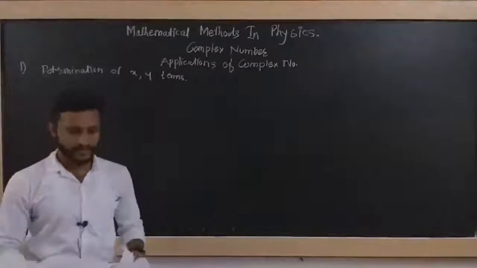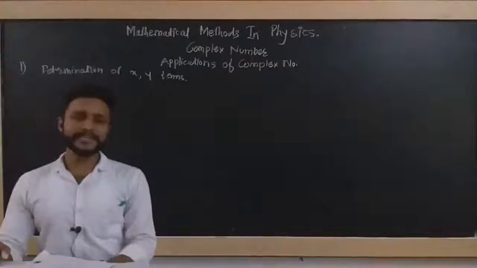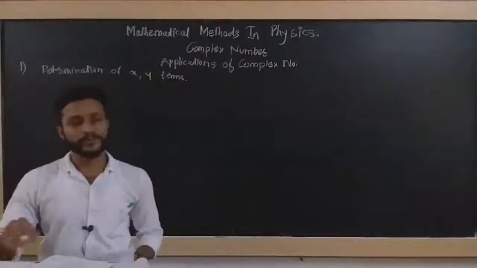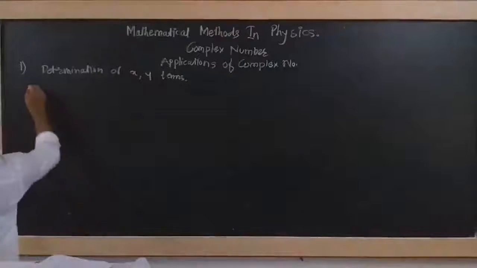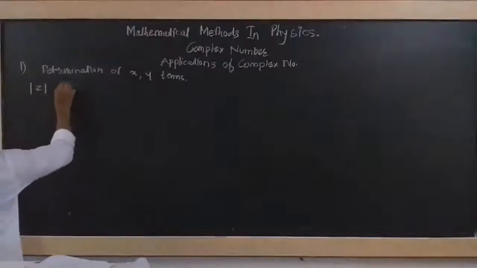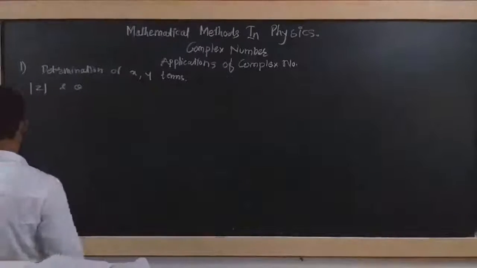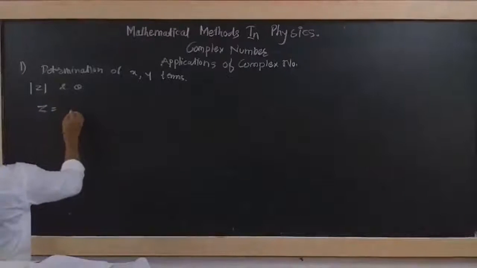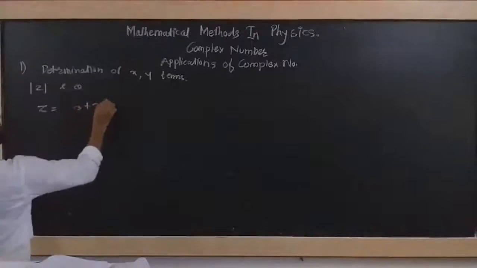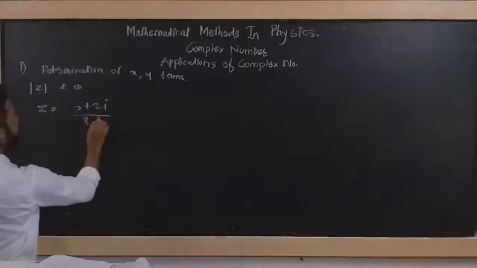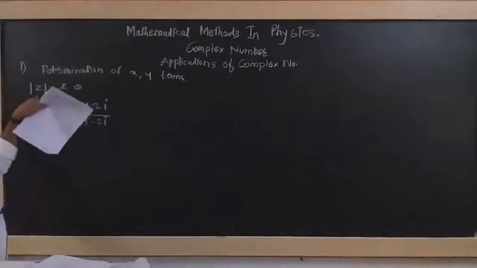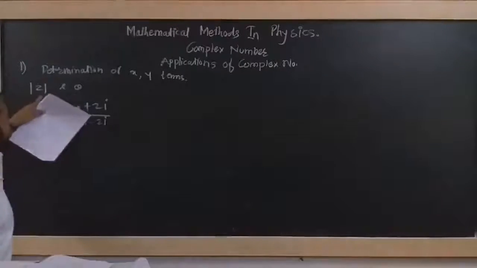Very simple. Now the next category is to determine the modulus and argument of the complex number, meaning mod z and theta. For example, if you have z equal to (3 plus 2i) and (3 minus 2i), find its argument and modulus.